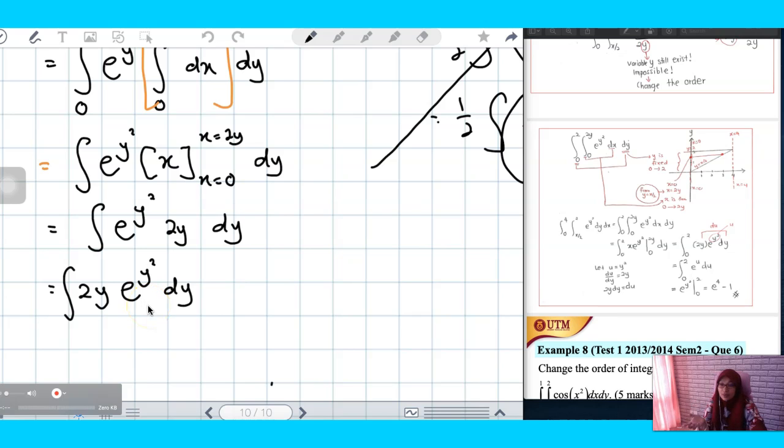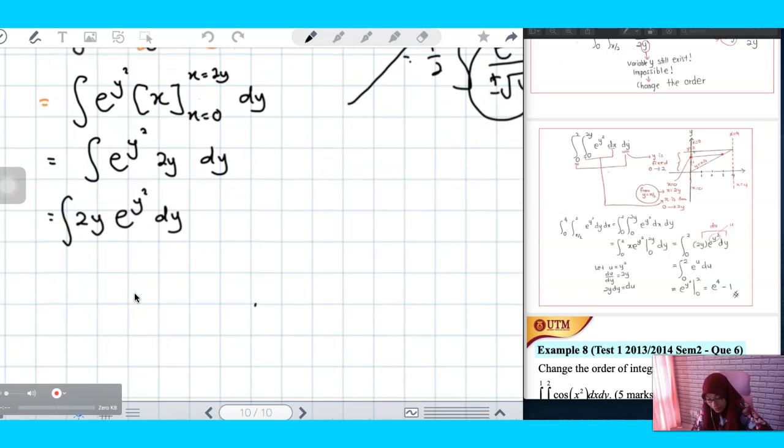The most appropriate method of integration here is substitution. When you do the substitution, you will get the 2y. You let u equal to y squared, and when you differentiate that, you must have the 2y, and using that 2y you can cancel the 2y here, so they are gone. Then your expression becomes simpler.